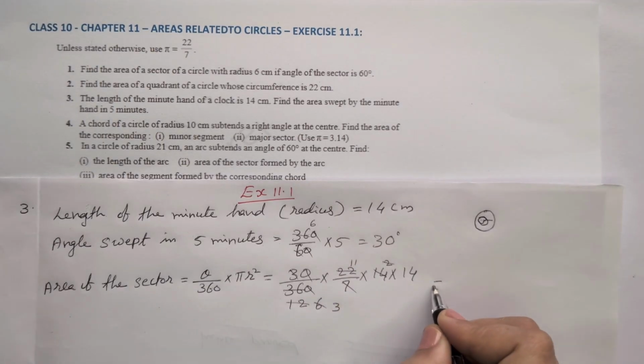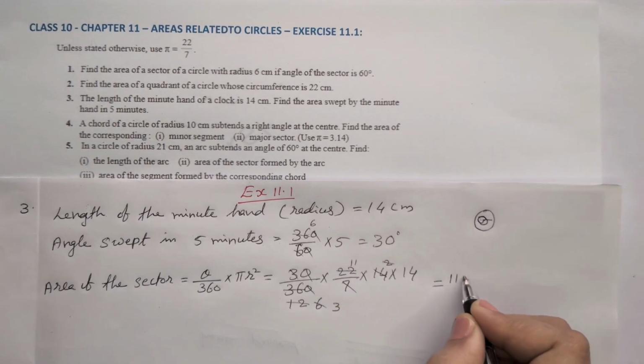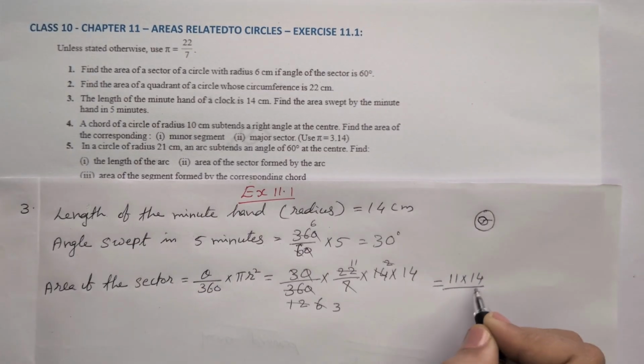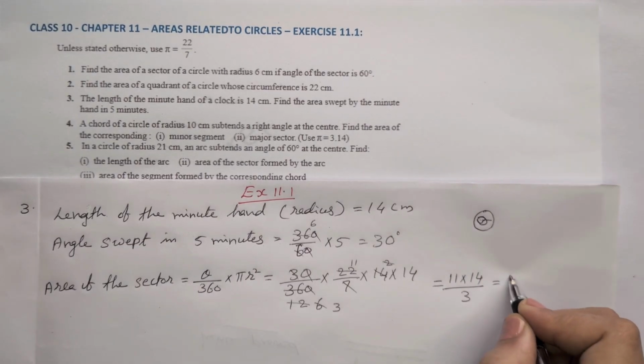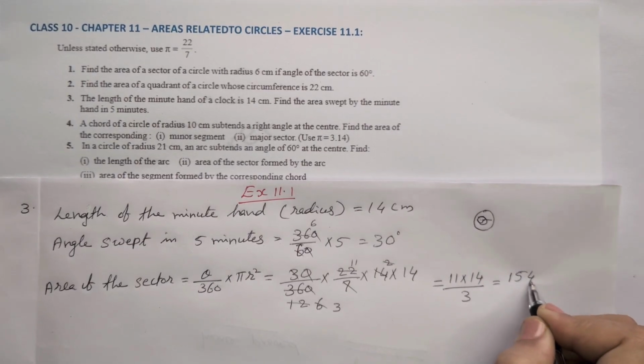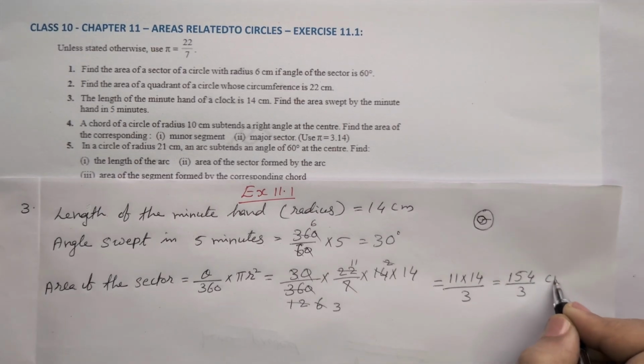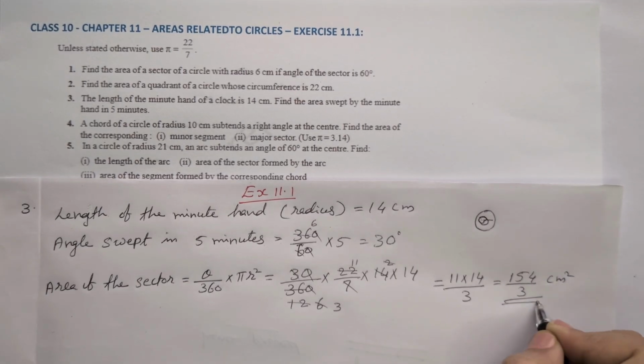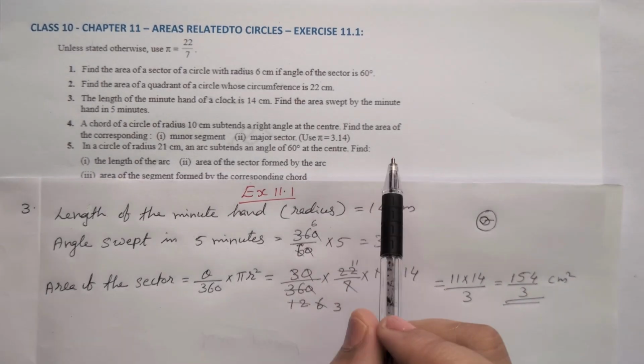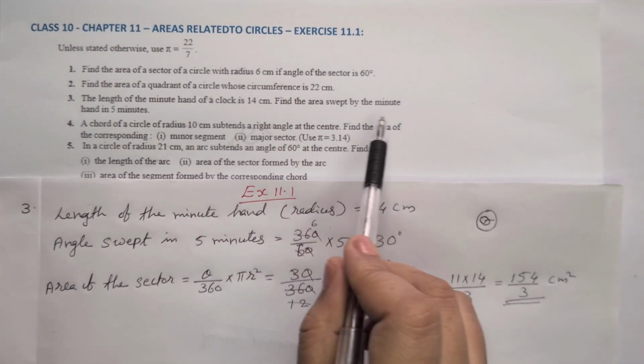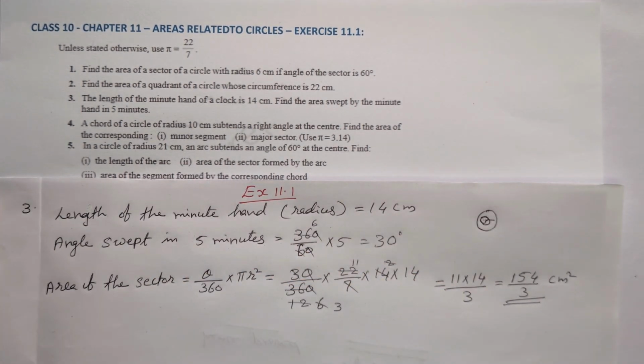Now 11 into 14 by 3 is equal to 154 by 3 centimeter square. So that's the area swept by the minute hand in 5 minutes.